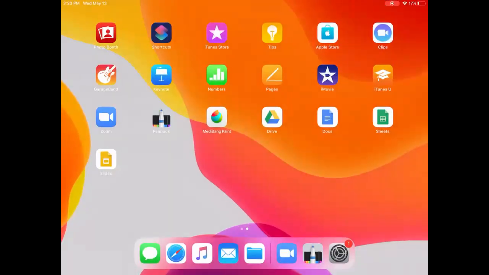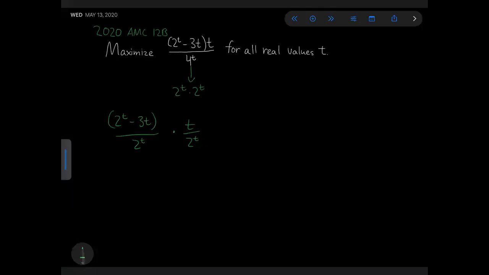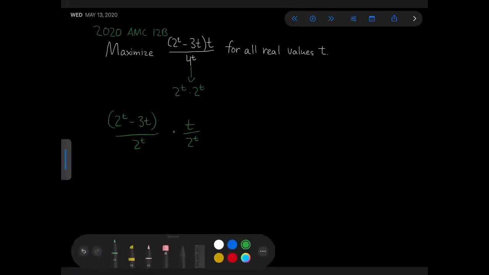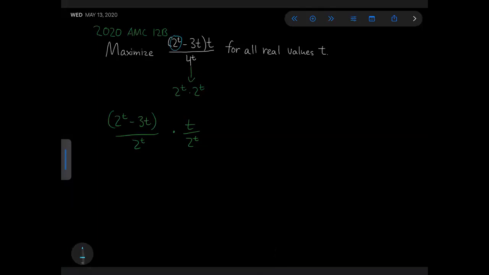So what I was saying earlier was that we're going to split our 4 to the t into 2 to the t times 2 to the t, because we have a 2 to the t over here. So we're thinking maybe we can do some kind of substitution that allows us to replace 2 to the t.